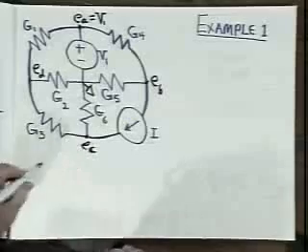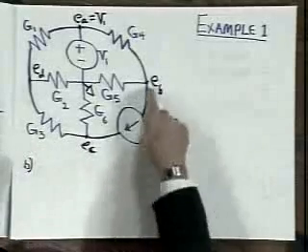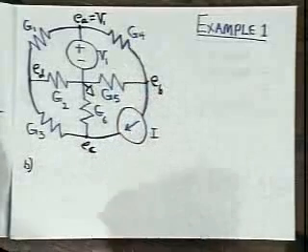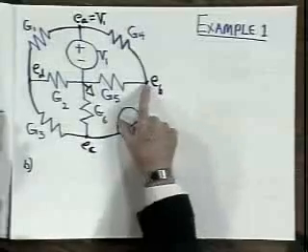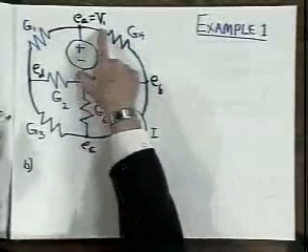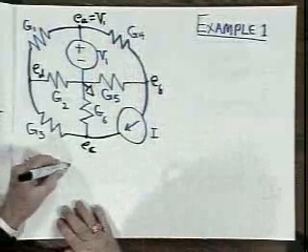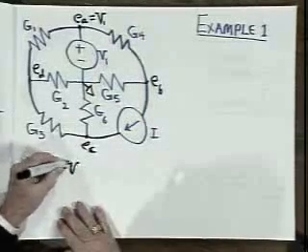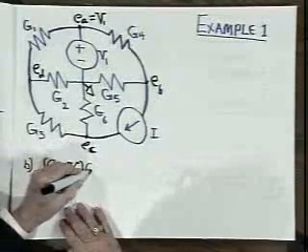So starting at node B, I have 3 elements attached, 2 conductances and a current source. Summing the currents out, the current out of node B through G4 is E sub B minus V1 times the conductance G4.